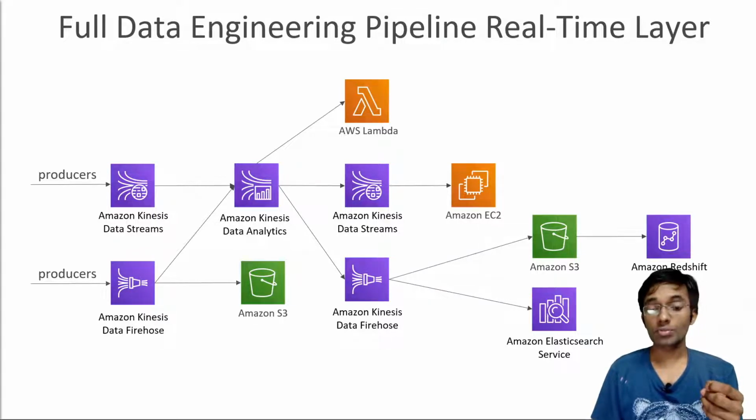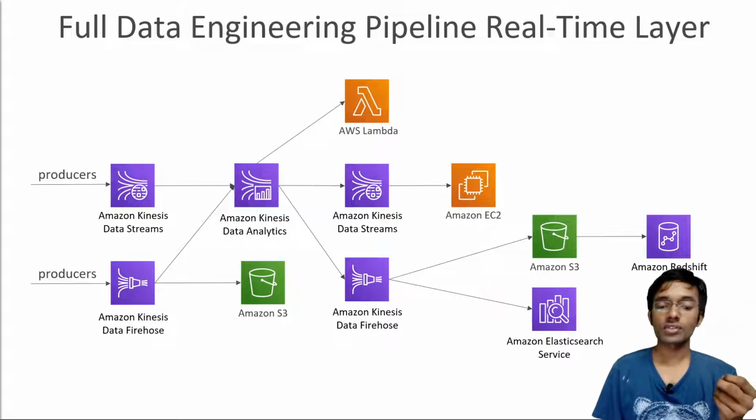So next, it is possible for us to also have a producer that produces data directly into Kinesis Data Firehose. The KPL and the Kinesis agents both have the capability to produce directly into Kinesis Data Firehose, and then the data will be sent to Amazon S3. So this gives us a bunch of different options for our real-time layer.